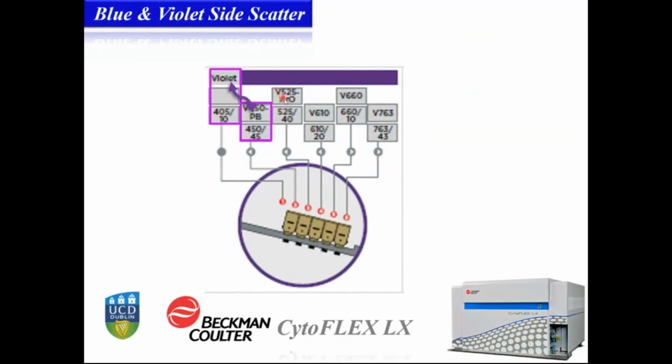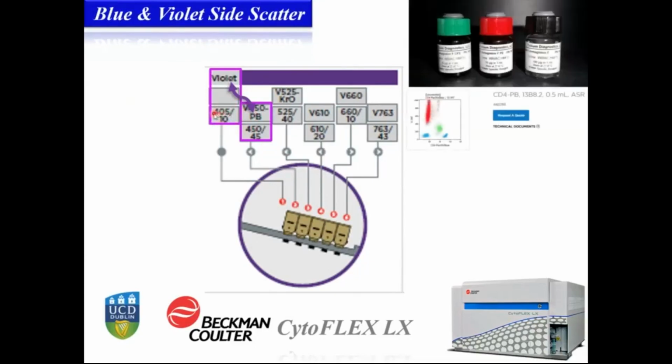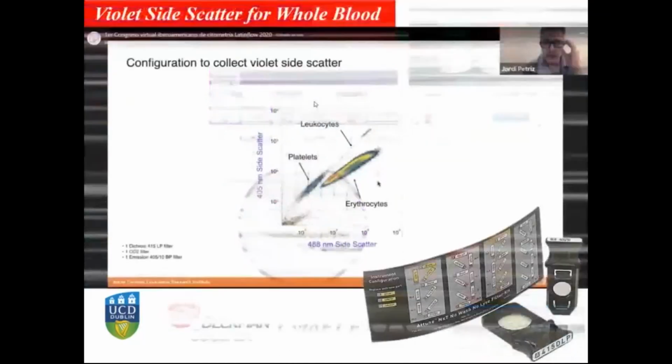And if we need the 525, we move it to the violet 610, and we move this filter backwards. Okay, but the first position here has to be the 405. That one will give us our side scatter coming from the violet laser. Okay, so we can get the scattering and any fluorescence in the other channels.